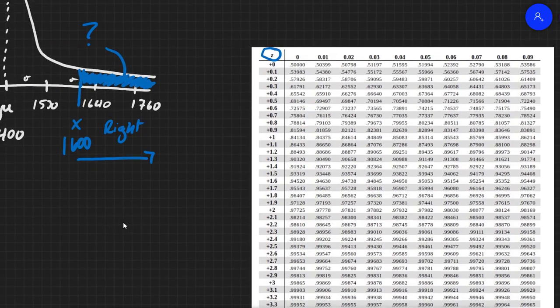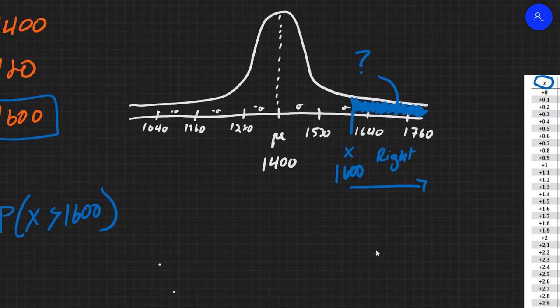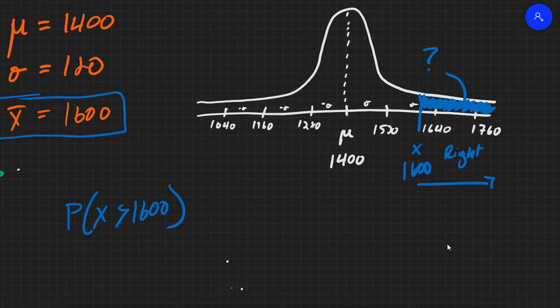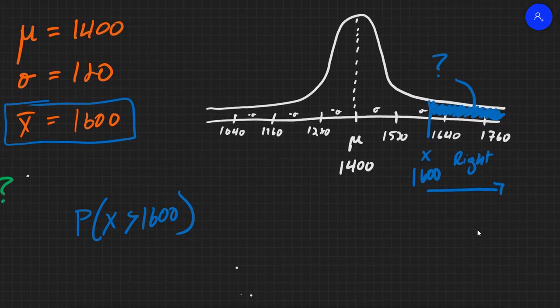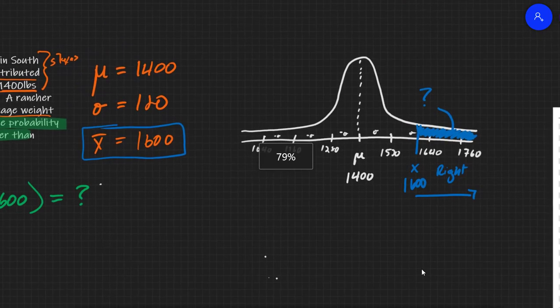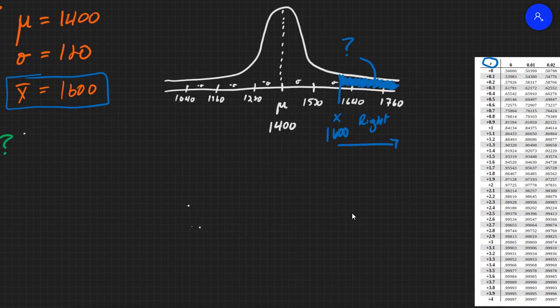So in order to calculate z, before we do that, let's go back to our stats over here. One of the things we like to do is convert from our normal distribution to what we call the standard normal distribution.